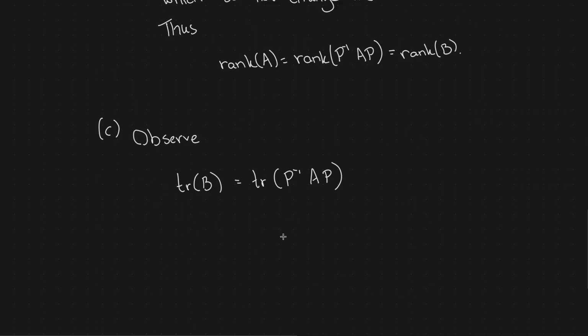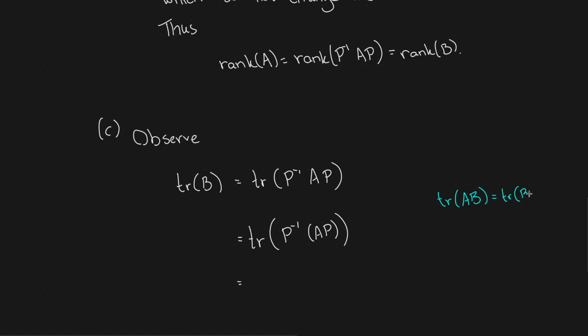Okay, but we know that when we have a product inside a trace, the order doesn't matter. So specifically, if I imagine grouping the trace of P inverse AP a little bit differently, because trace of AB equals trace of BA.